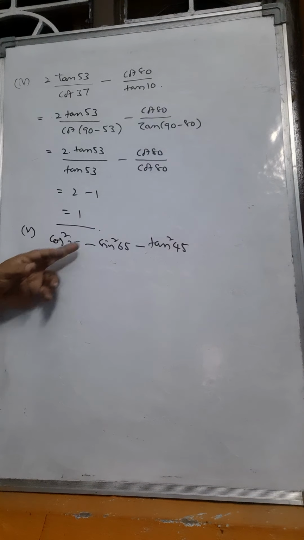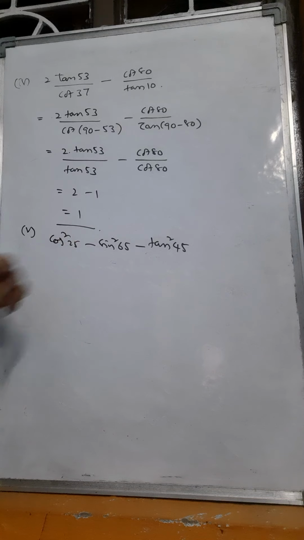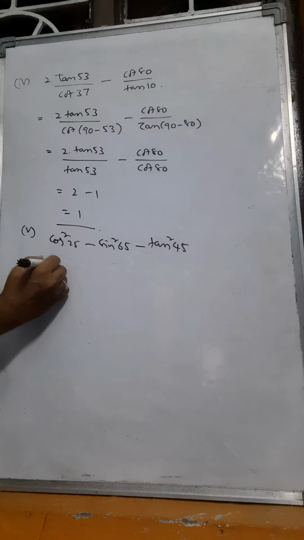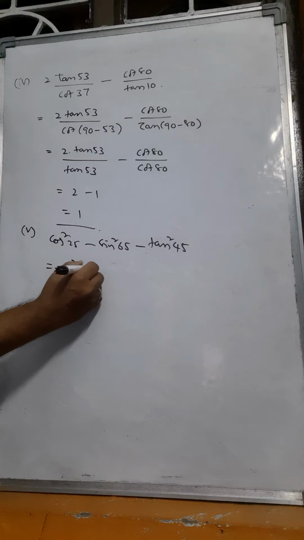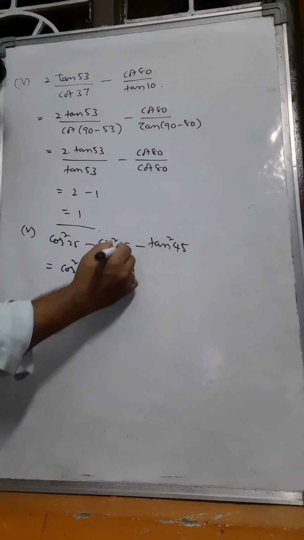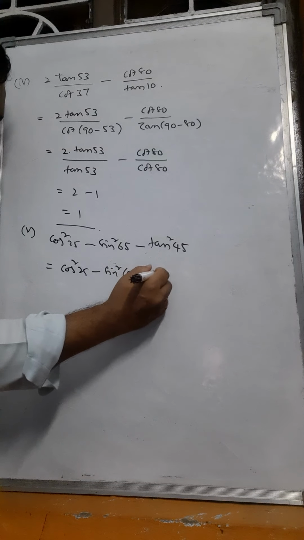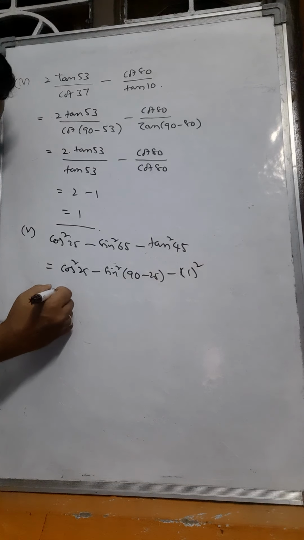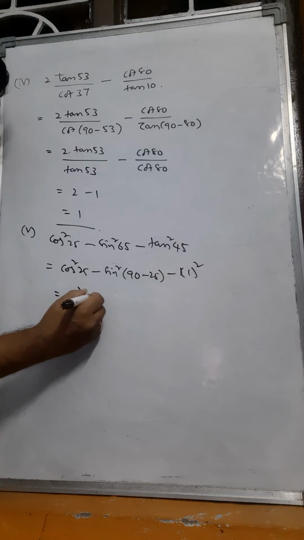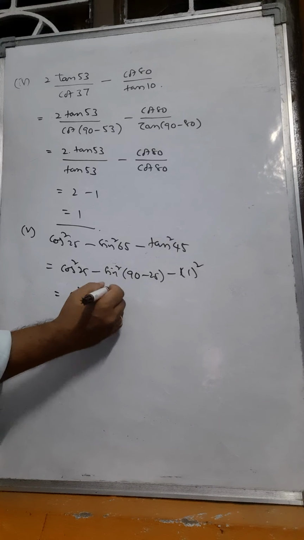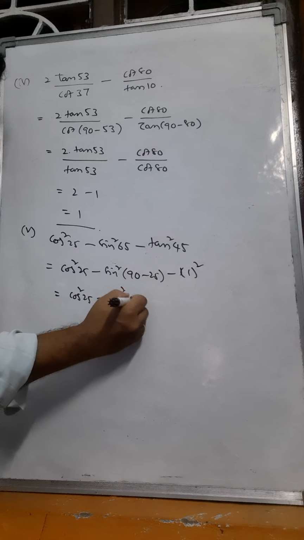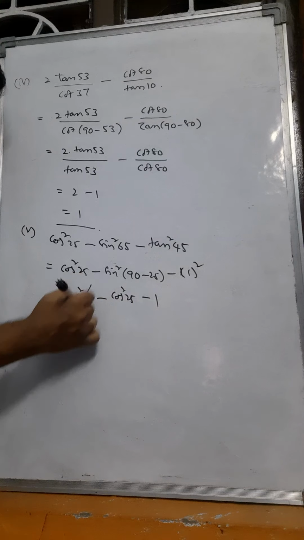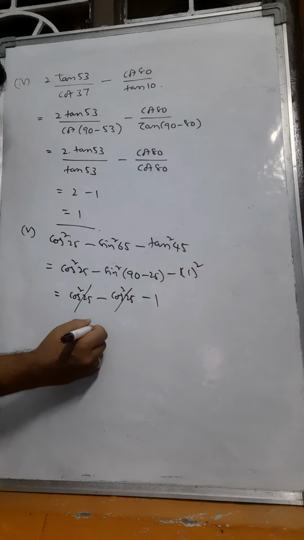Now what about 25 and 65? 25 plus 65 is 90, so these two are complementary angles. So cos square 25 minus sin square(90 minus 25) minus tan square 45, which is 1. So this is cos square 25 minus cos square 25 minus 1. These both will get cancelled, that is equal to minus 1.